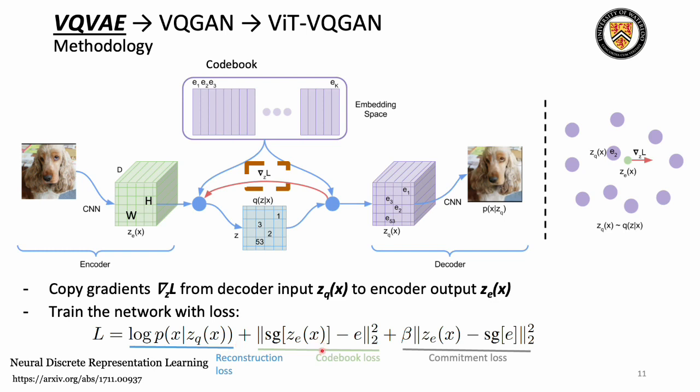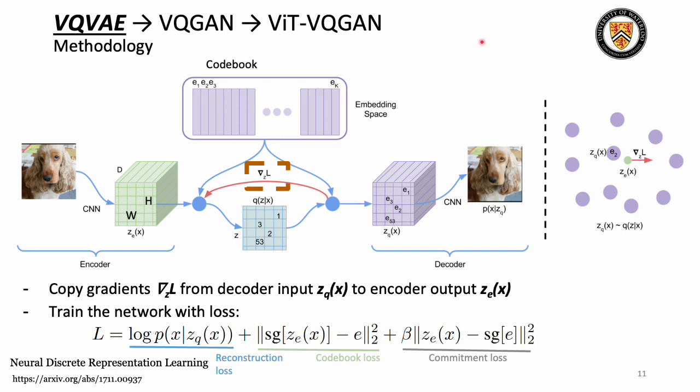The second one is the codebook loss, which pulls the codebook vectors e towards the encoder output z_e(x), such that e is a better representation of the encoder outputs, with SG denoting the stop gradient operation that prevents the gradients from flowing into the encoder outputs.